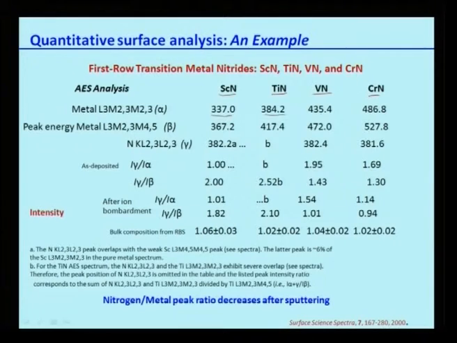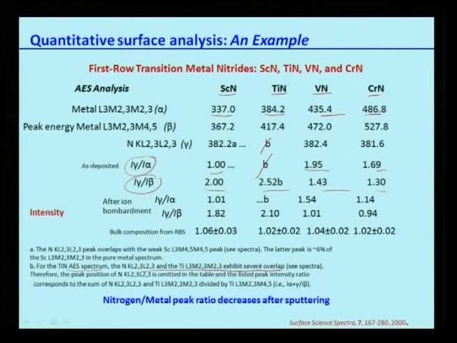You can see these are the peak positions and the changes, and for the L3M2M3 the peak positions are what is important in the as-deposited condition. This is how the intensity ratios vary. B stands for severe overlap, which means we cannot detect it. These are the ratios.